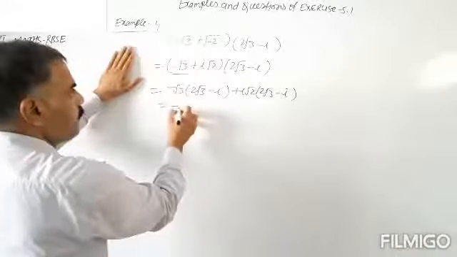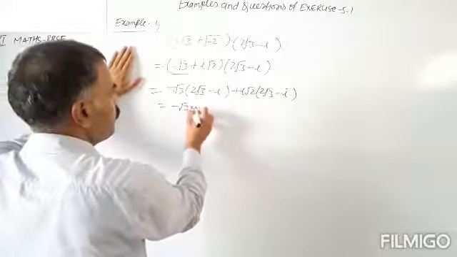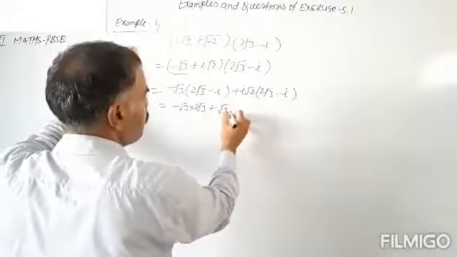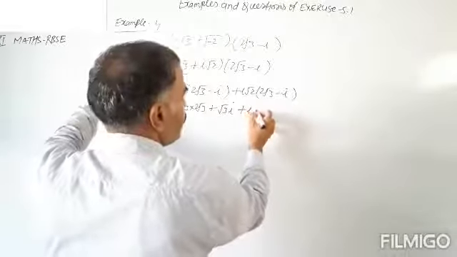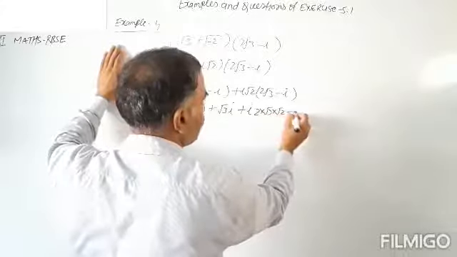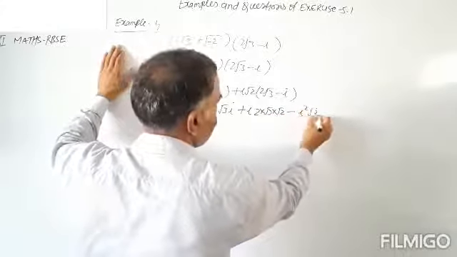So this is equal to minus under root 3 into 2 under root 3, minus minus, plus under root 3 iota, plus iota 2 into under root 3 into under root 2, minus iota square under root 2.